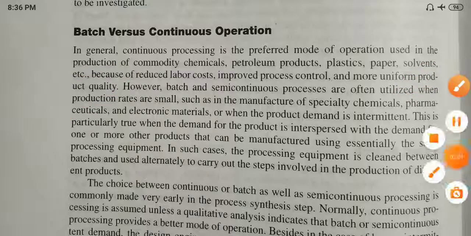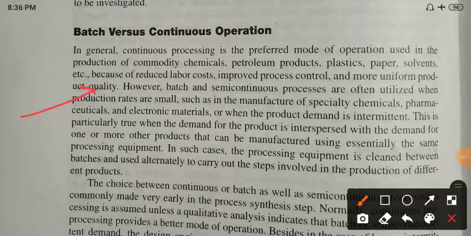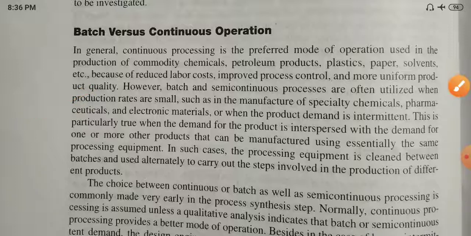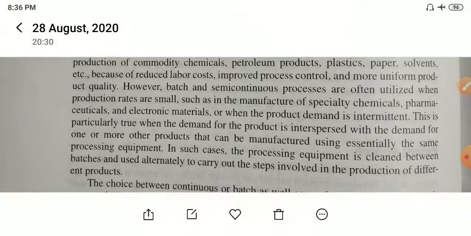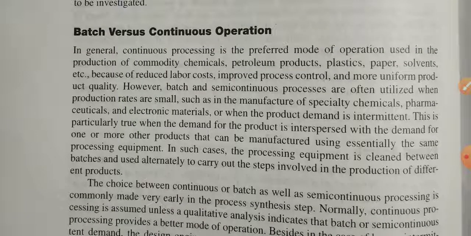However, batch and semi-continuous processes are often utilized when the production rates are small, such as in the manufacture of specialty chemicals, pharmaceutical and electronic materials, or when the product demand is intermittent.